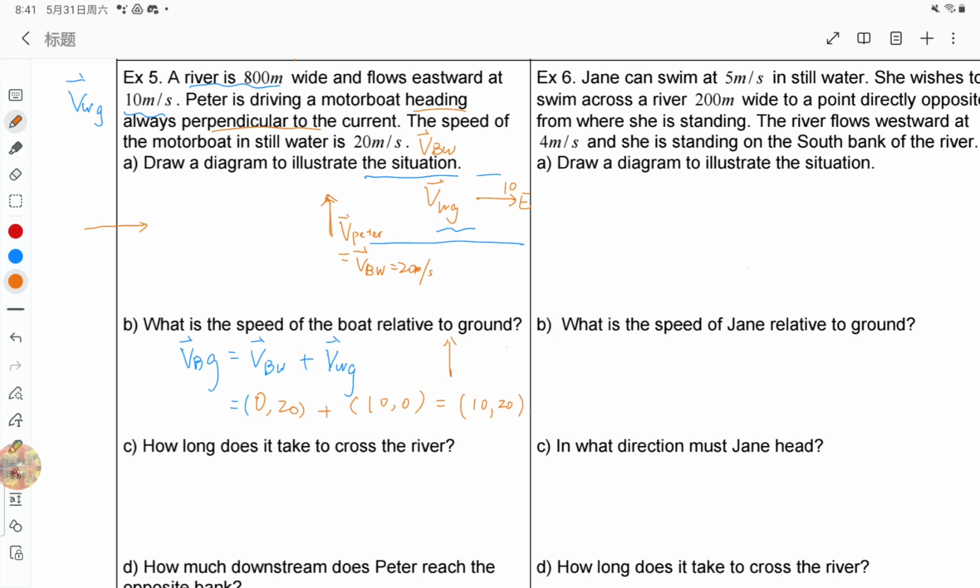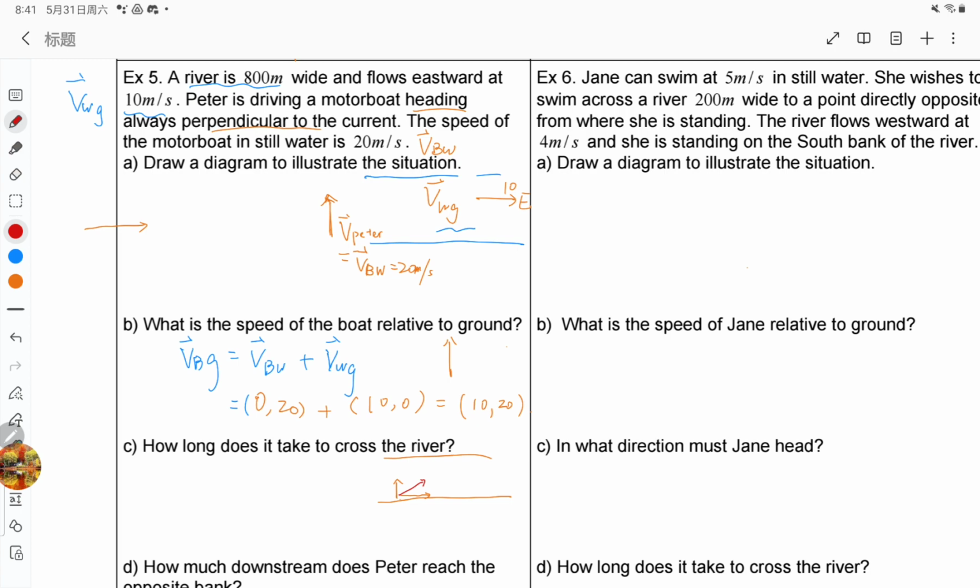So the perpendicular, so if it's starting to head out perpendicular to the bank, and this is the water, and then the resultant velocity is heading this way, right?